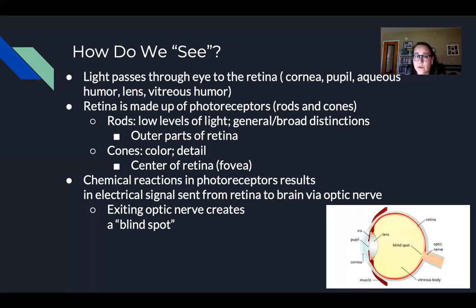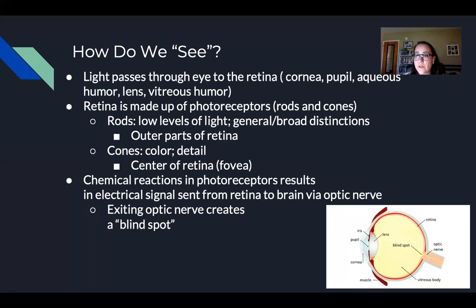If you've ever known anybody who has had cataract surgery, the lens is the part that is affected by the cataract, and that is what is surgically replaced. After the lens, it goes through the vitreous humor. This is the fluid that gives our eye its spherical shape and the pressure we need to keep its shape. And then the light eventually hits the back of the eye, which is called the retina.